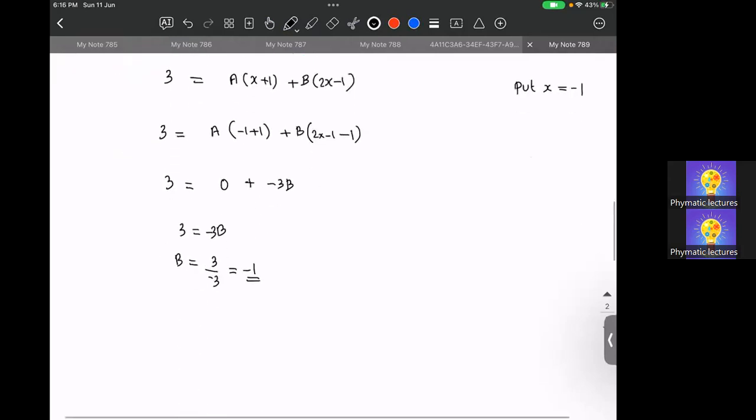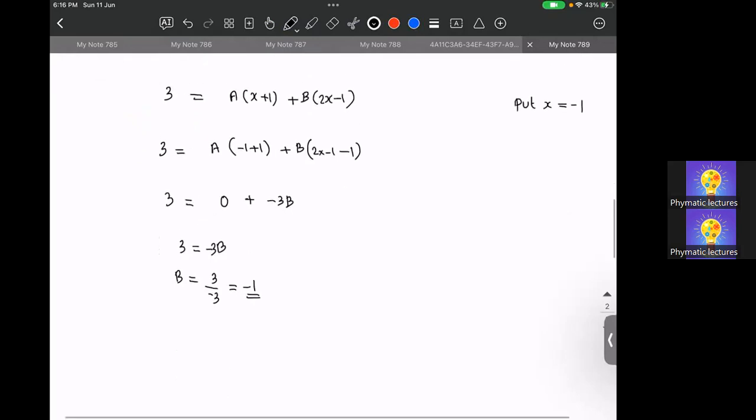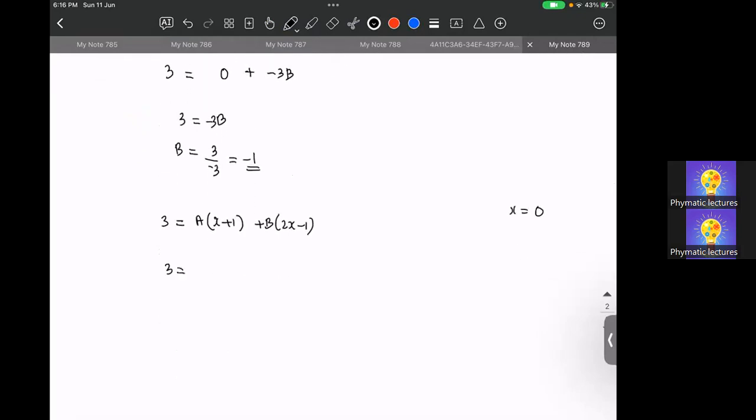Clear? Similarly, you should find the value of A. Once again, we will write that equation: 3 is equal to A times (x plus 1) plus B times (2x minus 1). So here now, I'm putting x as 0. So what happens? 3 is equal to A times (0 plus 1) plus B, and we already got B is equal to -1, times (2 times 0 minus 1).